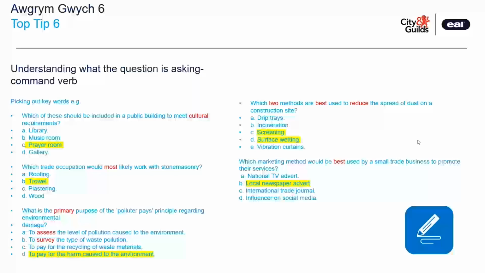So if they only select one answer for this, it will be marked wrong because it's asking for 2 correct answers for 1 mark. And common mistakes that learners make on these types of questions, they just don't read the question properly, rush through it, and often miss out one of these critical keywords like best or reduce.